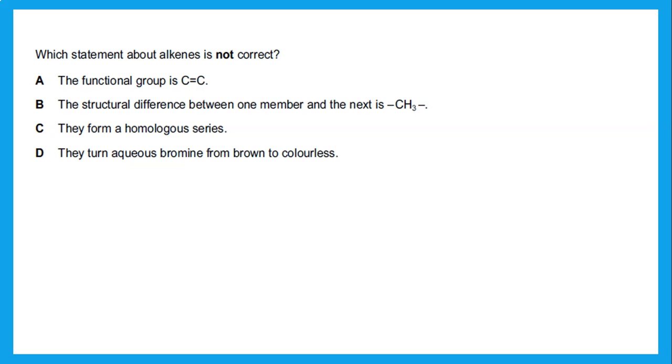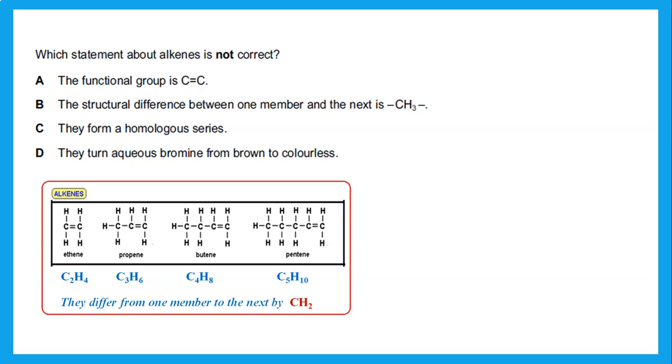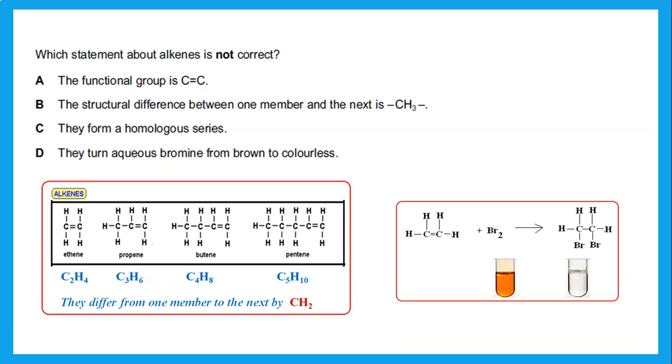Which statement about alkenes is not correct? Well, what do we know about alkenes? We know that they have a double bond, so the functional group is a double bond, so A is correct. And we know that they are all one homologous series. But when it says the structural difference between one member and the next is CH3, no, the difference between each of them is CH2.